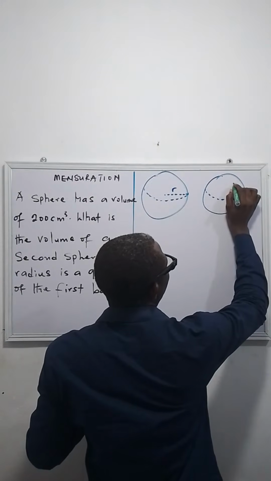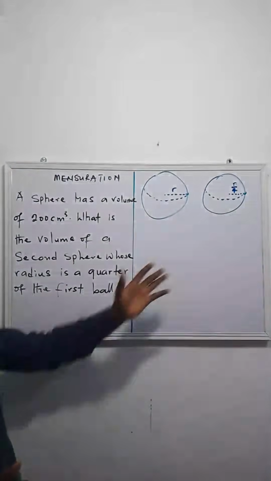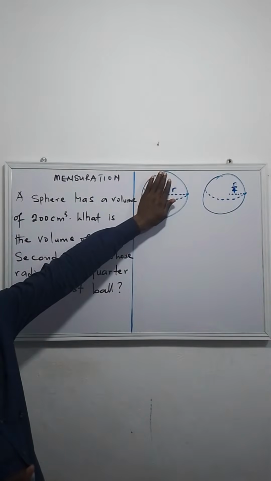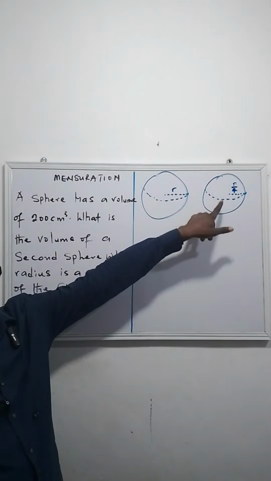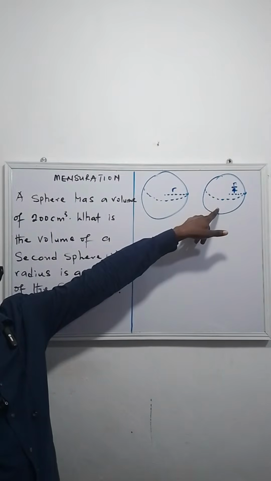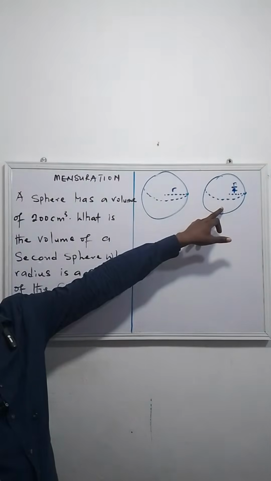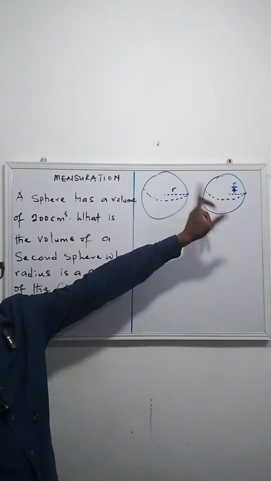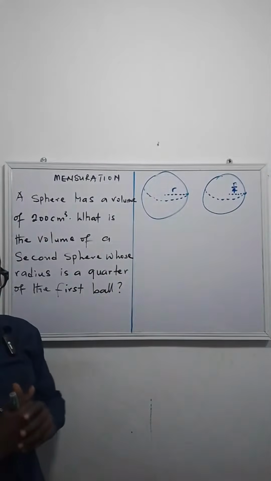Now the volume of the first has been given. The question is to get the volume of the second sphere, whose radius is 1 over 4 of the radius of the first one. I hope we all understand the concept of the question.